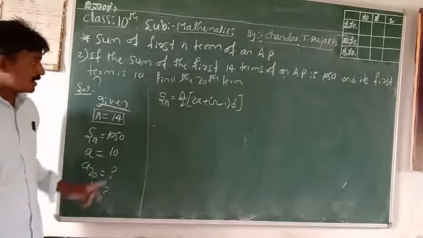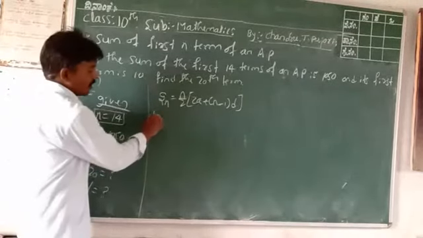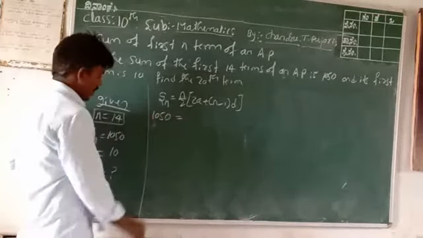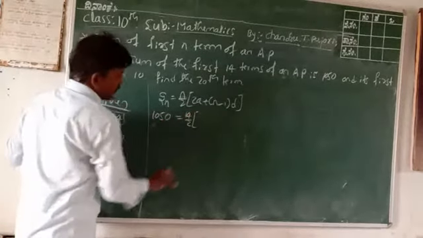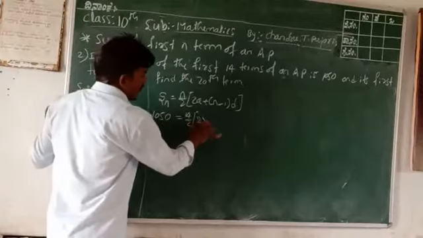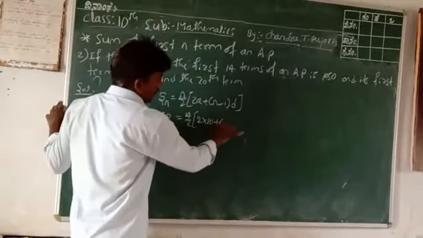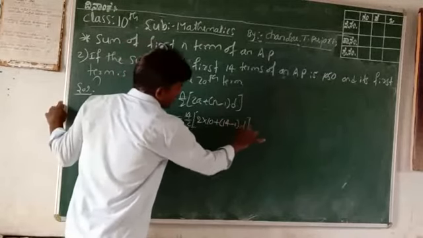Sn is 1050, therefore 1050 is equal to N is 14, 14 divided by 2 into bracket of 2 into A is 10, plus bracket of N is 14 minus 1 into D.